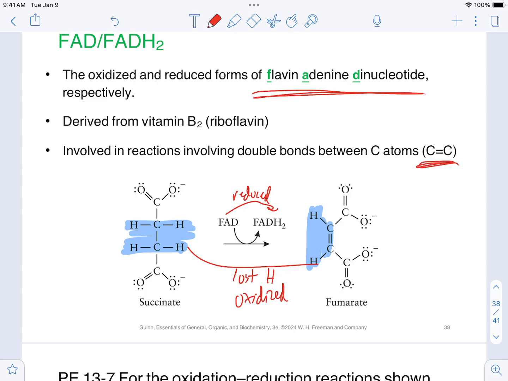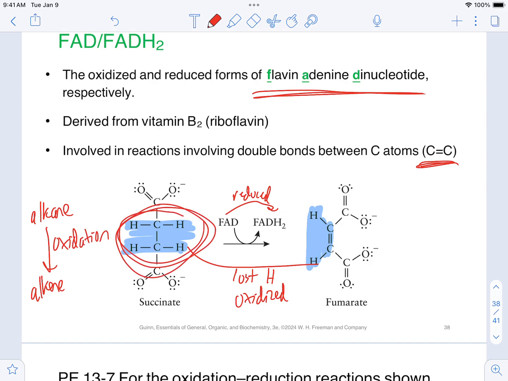If you remember from one of the previous slides, your alkane turns to an alkene through oxidation. On the left, we have an alkane, all single bonds, and on the right, we have our alkene, our carbon-carbon double bond.